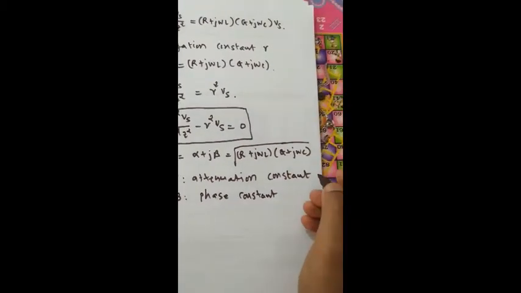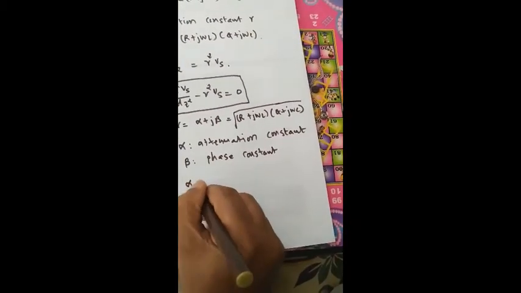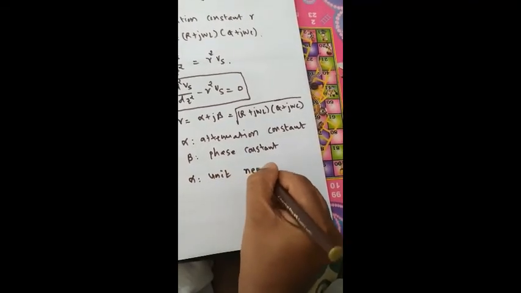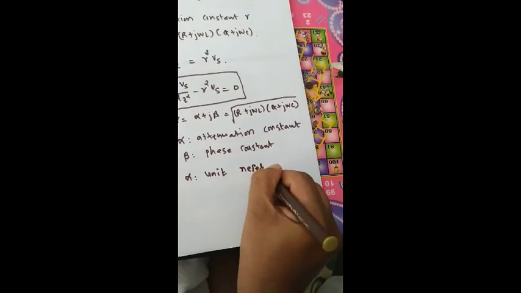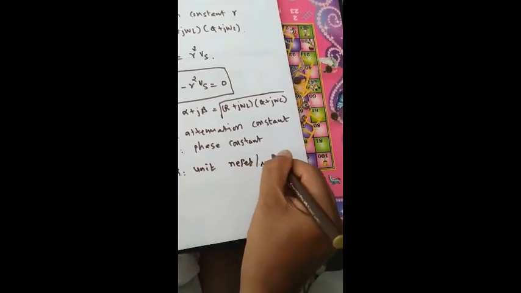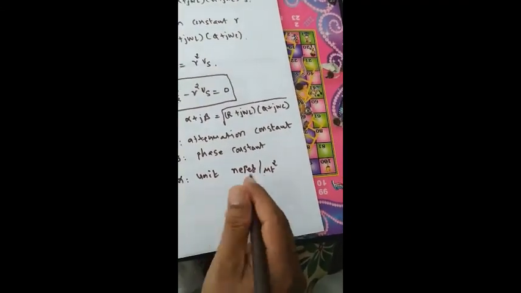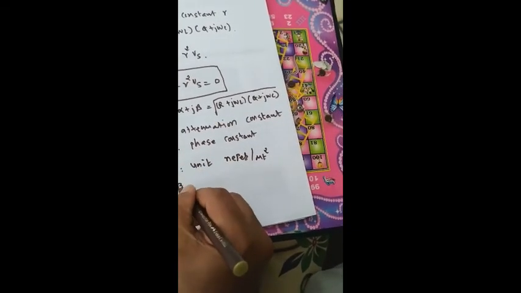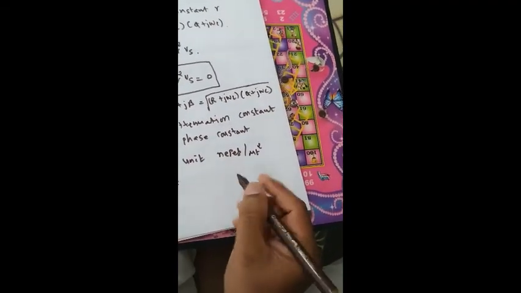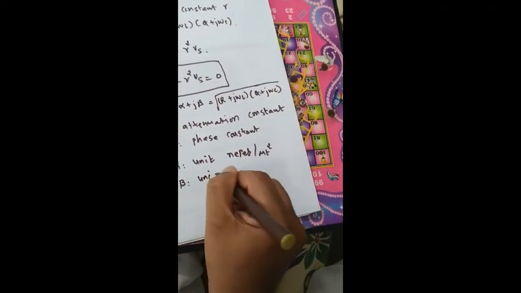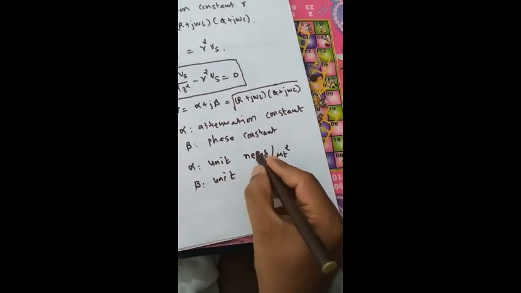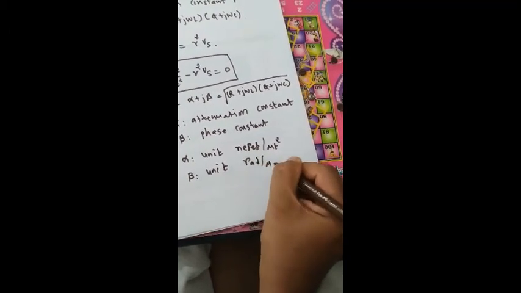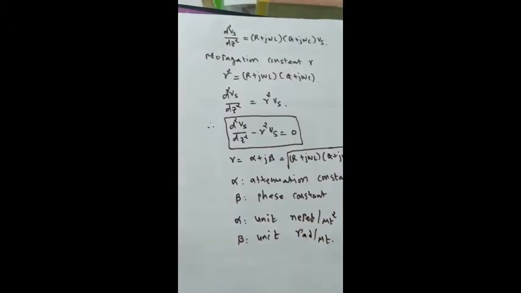So I can consider that alpha has a unit in terms of the Napier per meter, while beta has a unit in terms of the radian per meter.